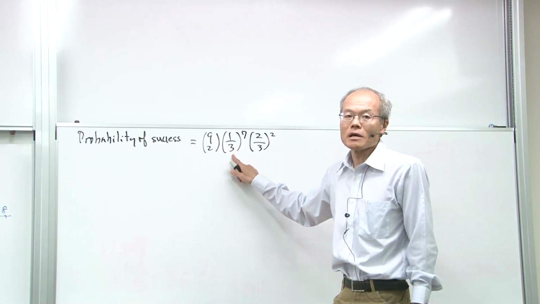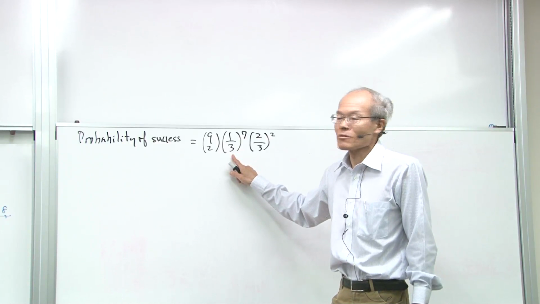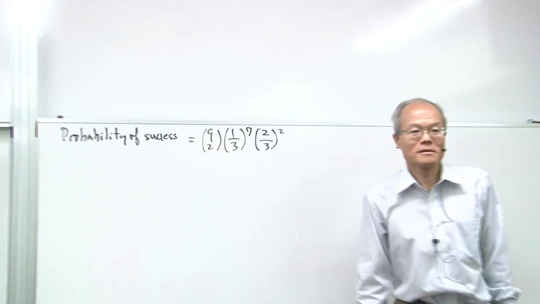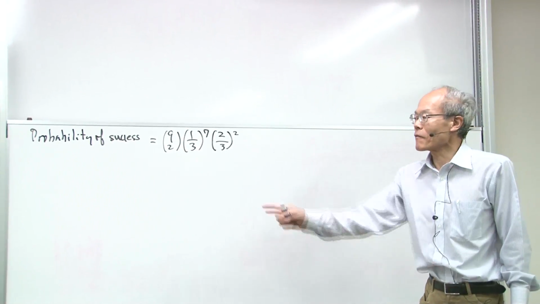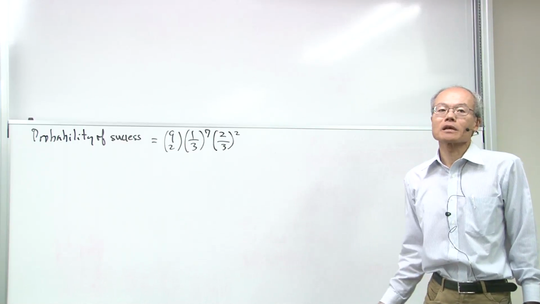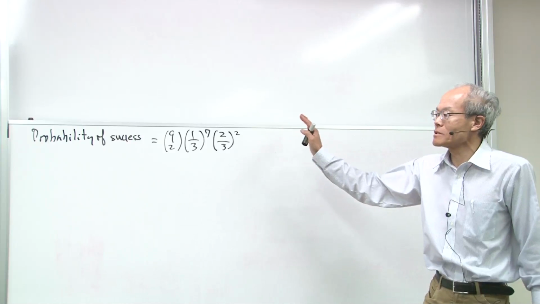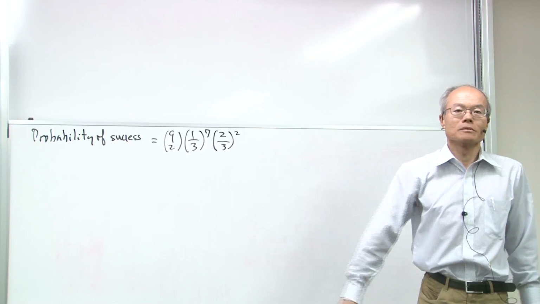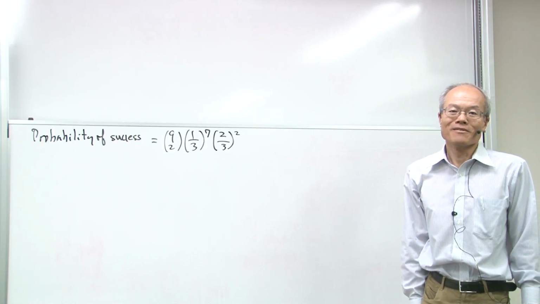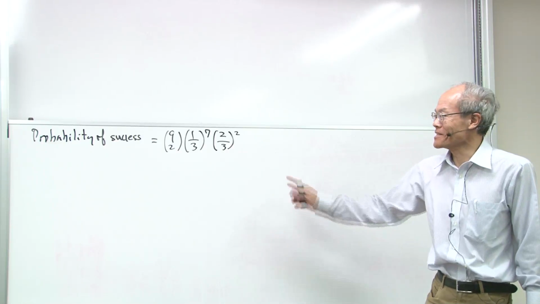Each good decision can happen with 1/3. So this is the success probability by following that kind of path. That kind of path means 7 times good choice, twice bad choice. Right? Pretty easy.